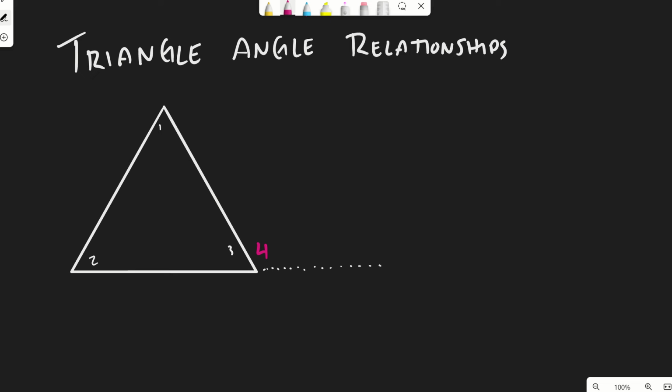Angle 4 is what is called an exterior angle.